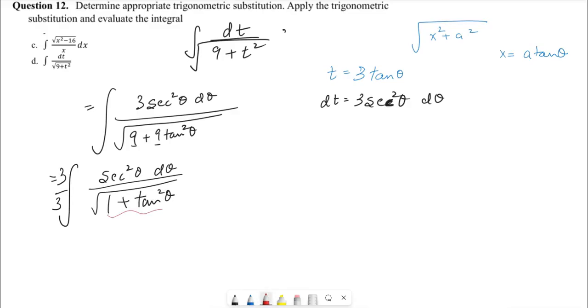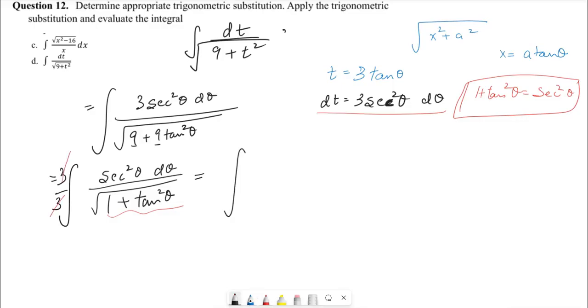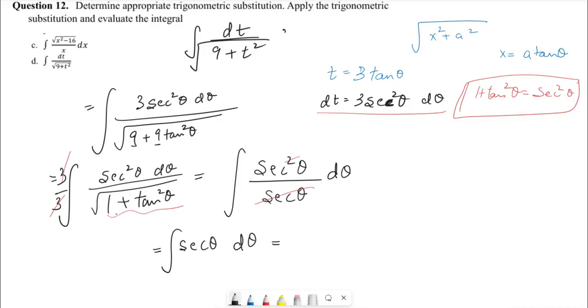We know that 1 plus tangent squared theta is equal to secant squared theta from trig. Therefore, this 3 can just cancel. Secant squared theta divided by the square root of secant squared theta is just secant theta d theta. So we have the integral of secant theta d theta.